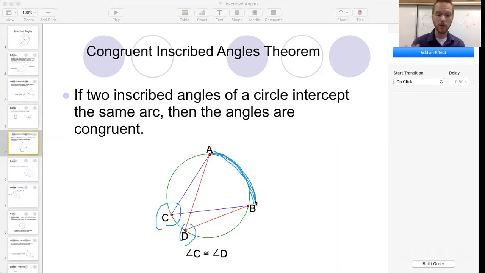Because they both intercept AB, these two have to be the same measurement. So for instance, if this arc was 100 degrees, we'll use 100 again, then angle C is 50, because that's the arc it corresponds with. And this angle right here would also be 50 because it corresponds with the 100-degree arc as well. Okay, not too bad, huh?